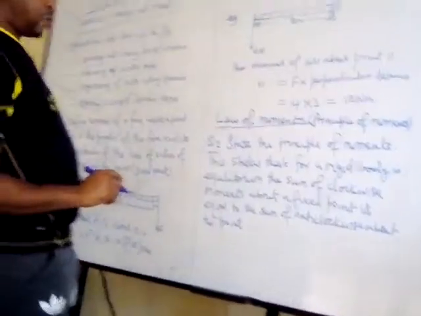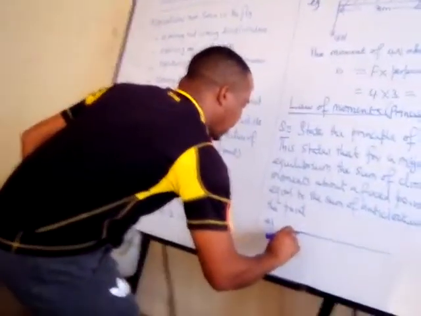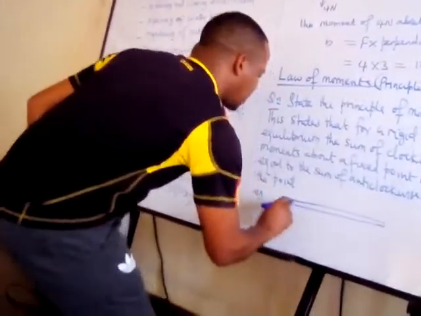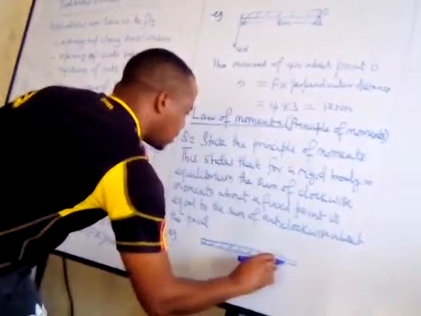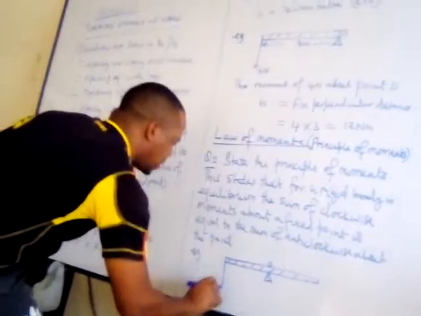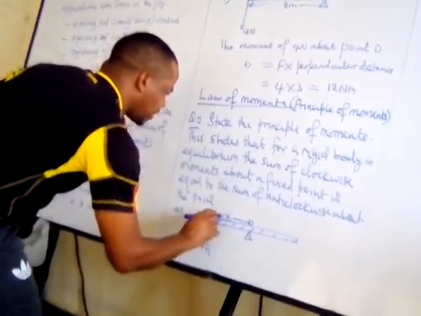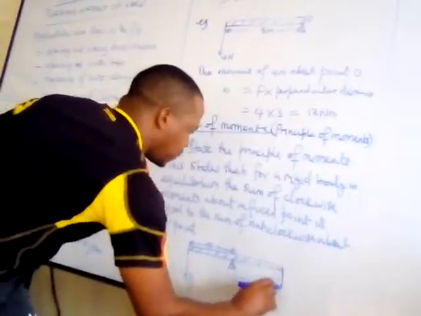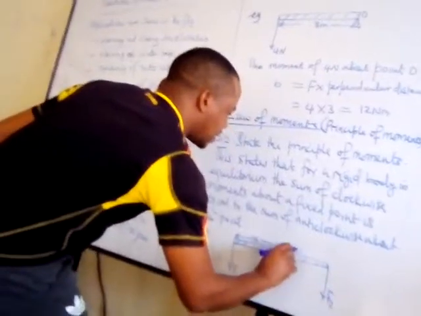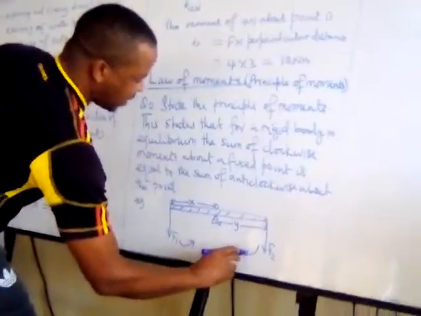I am going to emphasize this by illustration. If we have again a beam whose knife edge or center of gravity is O, and this beam has two forces, say F1, acting at a distance x from that balanced point, and another force, F2, acting at a distance y from the center of gravity, then F1 will exert an anti-clockwise moment and F2 will exert a clockwise moment.